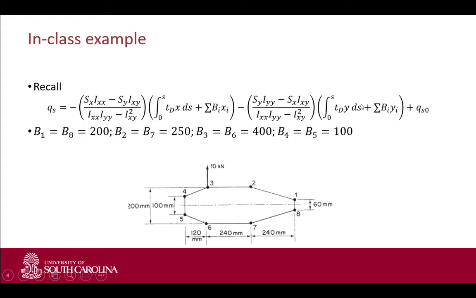Just by looking at the problem, can we say that the shear flow will be 0 between 4 and 5 and 1 and 8? No. Does it look like it? No, it will not be 0. It will be 0 if you make a cut there. But then you have the correction shear flow, and that will be non-zero. So in the cases where it's 0, the axis of symmetry should be the y-axis, and the loading as well should be along the y-axis.